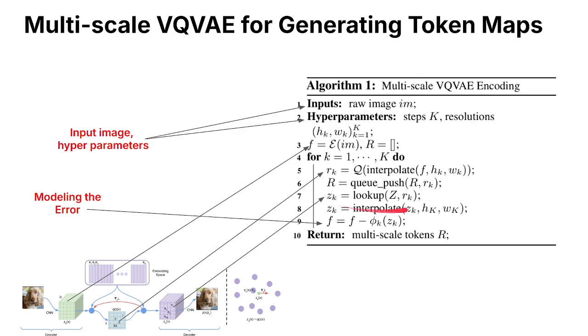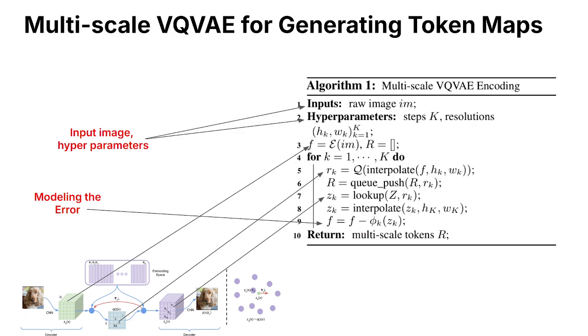So zk at line 8 is simply an image, and phi k is basically k amount of convolution operations, so that the dimension of f and phi of zk matches. However, what this line is simply saying is, for the next scale, I want you to try to predict the difference between the original image and the predicted first image. So this is modeling residual images.